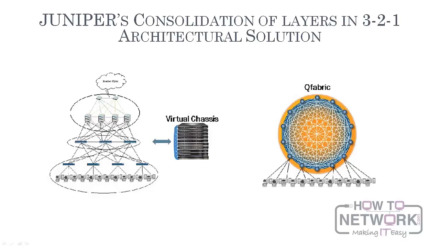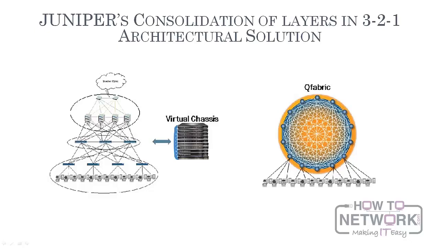Running a single instance of the Junos OS, QFabric brings drastic changes to the data center. QFabric is a very interesting solution, but it's a bit outside of the scope of this course as far as configuration and technical information.